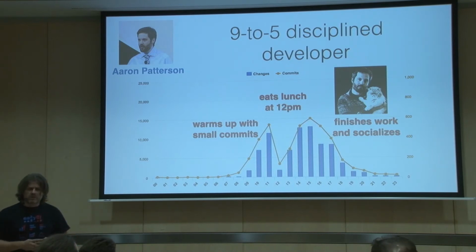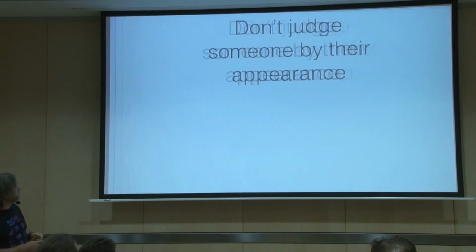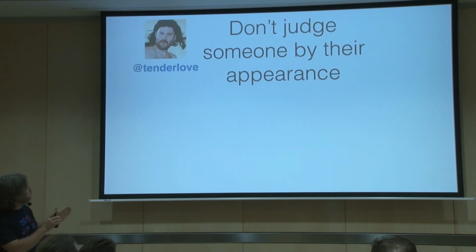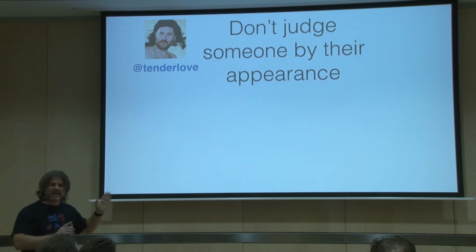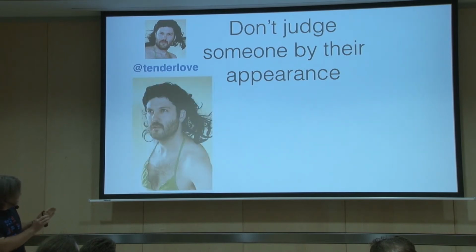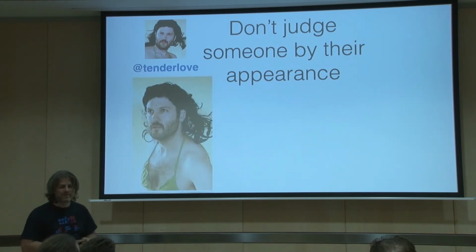With this example, I also wanted to say that if you Google Aaron Patterson, you will probably see some different and strange pictures. So don't judge someone by their appearance. His Twitter handle is Tender Love. Yeah, that's his profile picture. He had some photo session, I don't know about what.